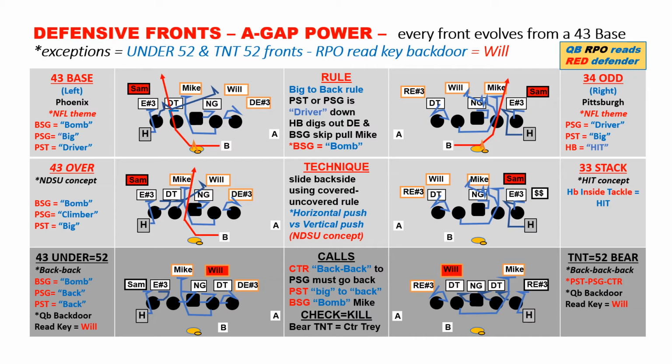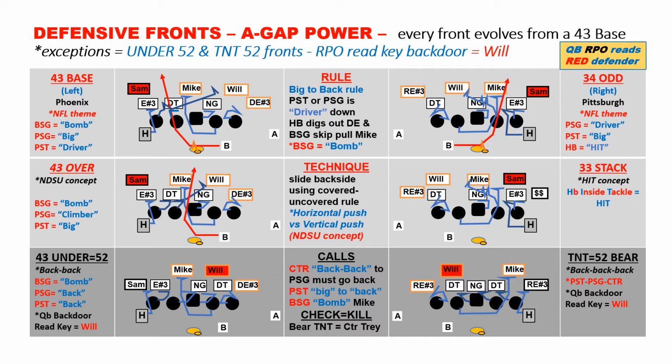Here's another more specific look at defensive fronts. Again, this is A gap power play. What we like to do with the fronts is to keep it simple. Everything kind of evolves from a 43. So you'll see on the left-hand side, 4-man fronts. But you can see the exception down below is when it turns into a 52, the underfront.